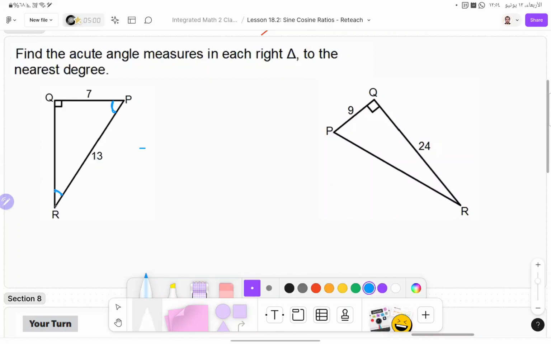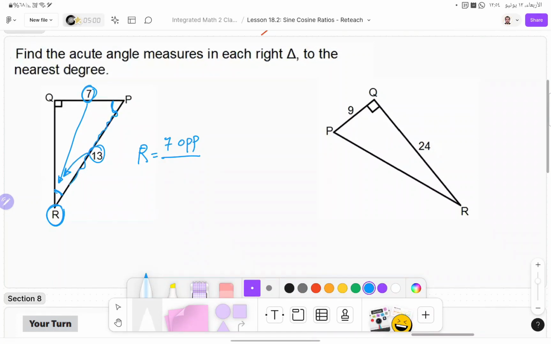Now look at the angle R. The given sides are 7 and 13. What's the relationship between 7 and R? 7 is the opposite. Now what's the relationship between R and 13?